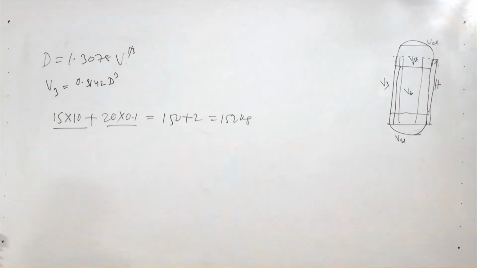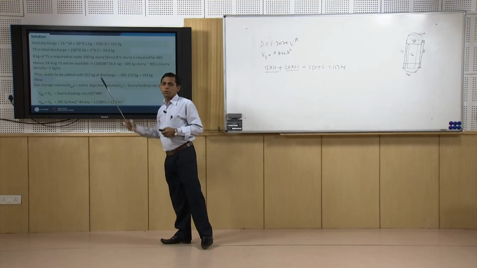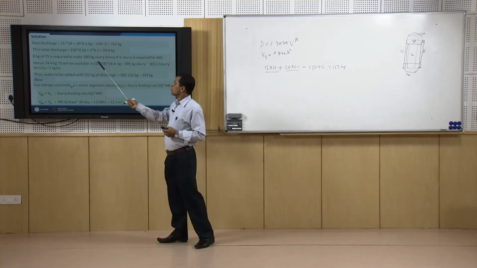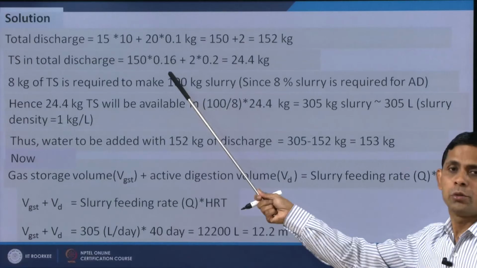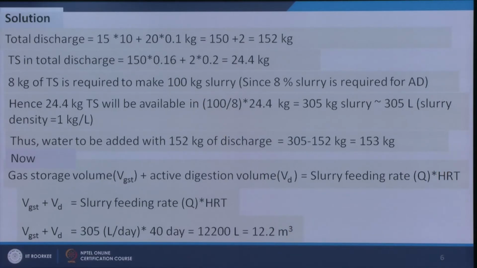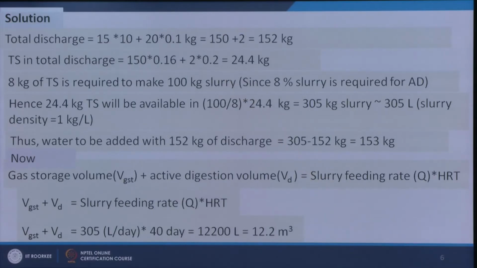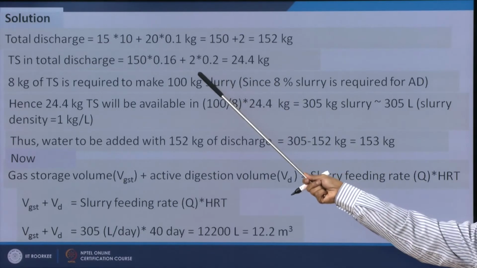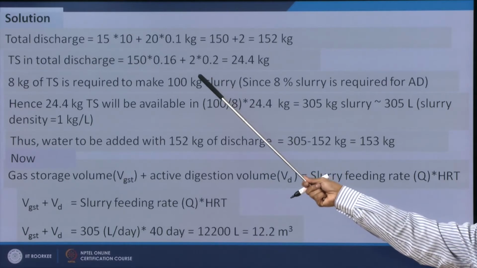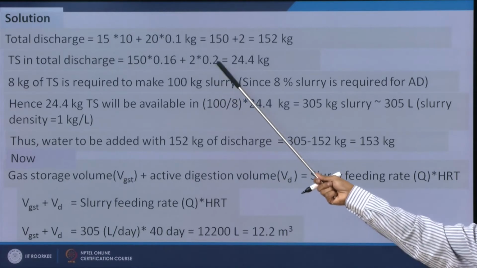Next will be TS in the total discharge. What will be the TS? That is equal to 150 into 0.16, that is for cow dung, and for chicken, 2 into 0.2, since 2 kg is coming from the chicken waste and the solid content is 20%.